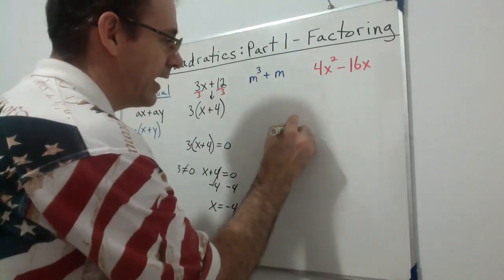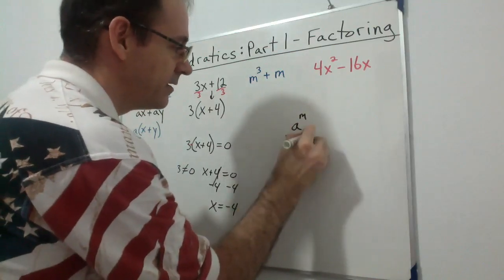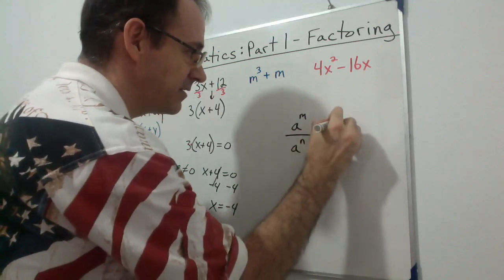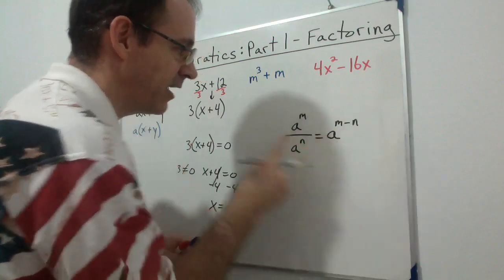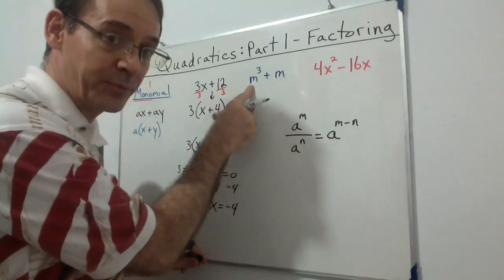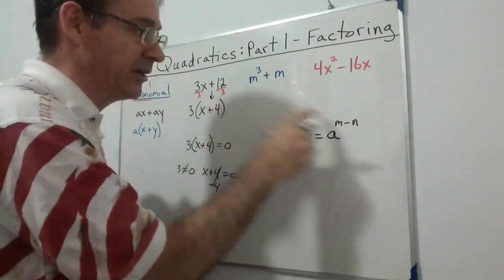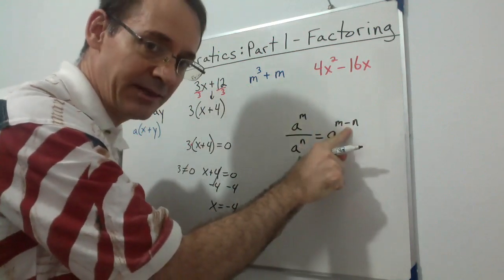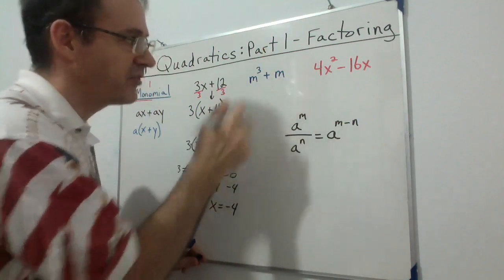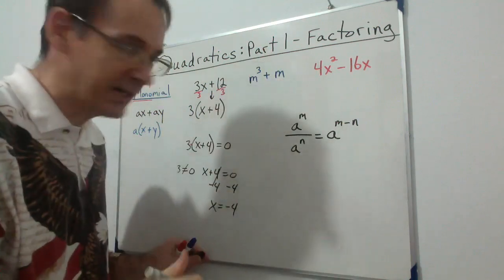If you have a to the m divided by a to the n, you get a to the m minus n. In other words, when you divide out a letter or a like base, you subtract the exponents. That's what I mean. You're looking for a letter that you can subtract out from the exponents.